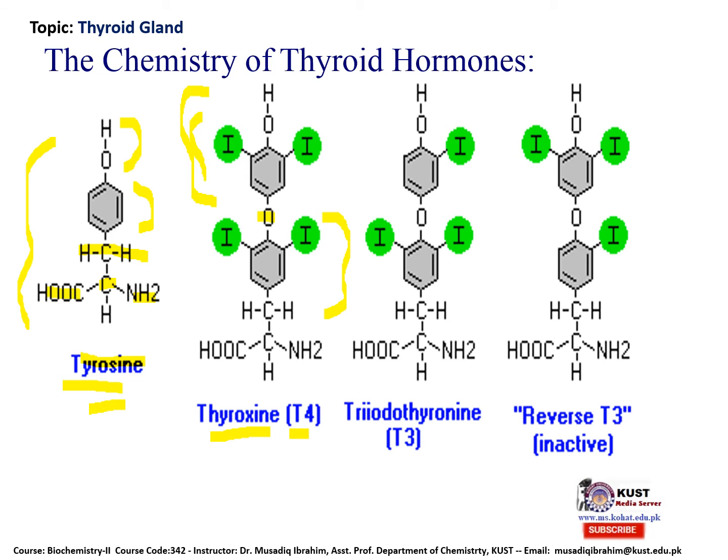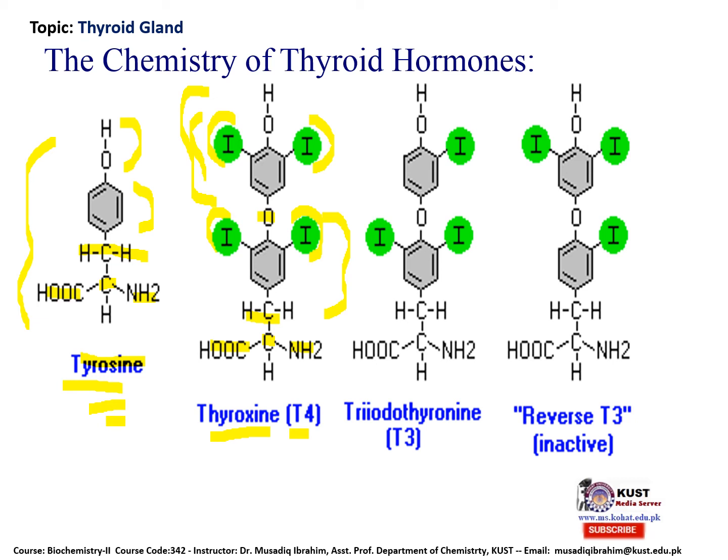And then you have iodine atoms attached to the aromatic ring at these positions, and the rest of the structure of the tyrosine molecule is the same as in the case of tyrosine.